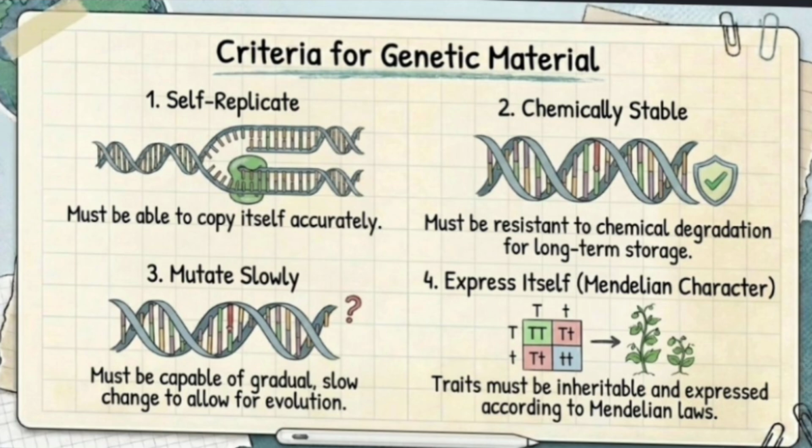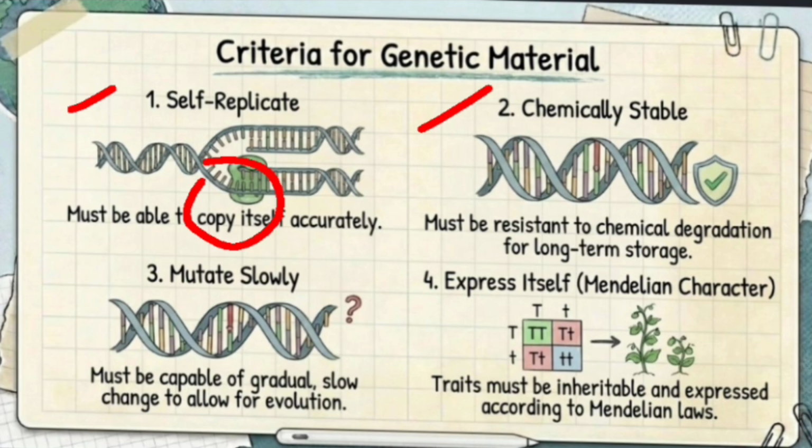Criteria to be a genetic material: first, it can self-replicate. RNA and DNA both can replicate themselves, which means they can make copies of themselves. Second, chemically stable. I already said that DNA is highly stable because it lacks one extra oxygen atom, and RNA is highly unstable because it has an extra oxygen atom.